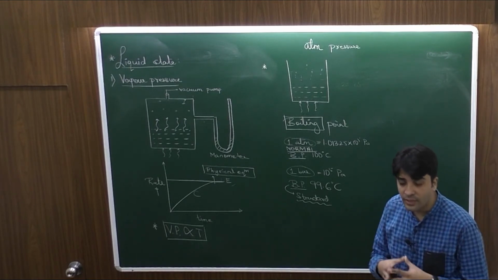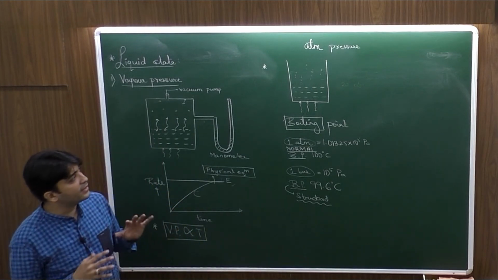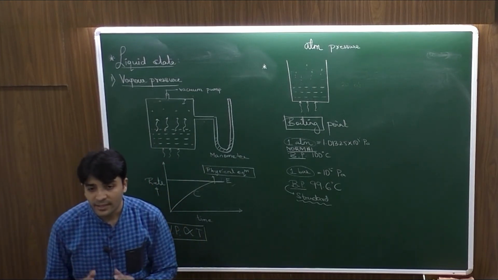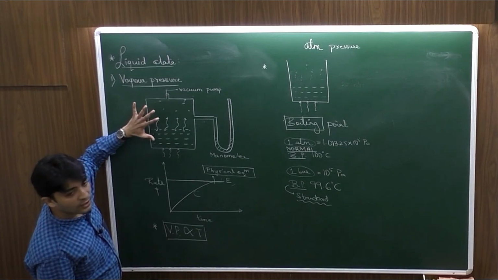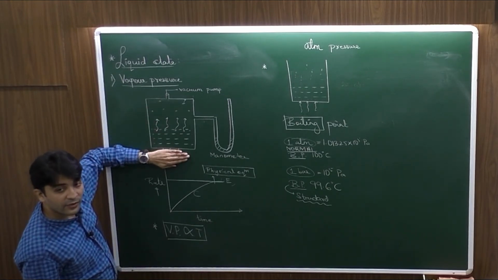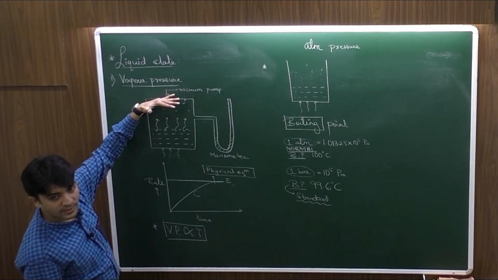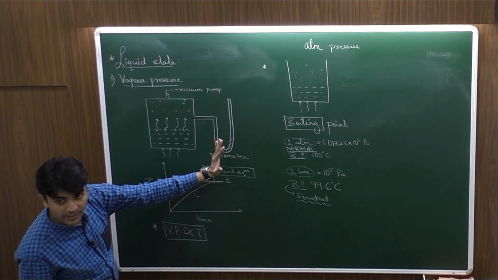Understood? So these are a few of the applications which I have discussed with respect to the first property of liquid, that is vapor pressure. Understand this in a sequence. I first took a closed container and heat was not supplied. Over a period of time, the molecules of the liquid will start escaping into the vapor state and will create a pressure.